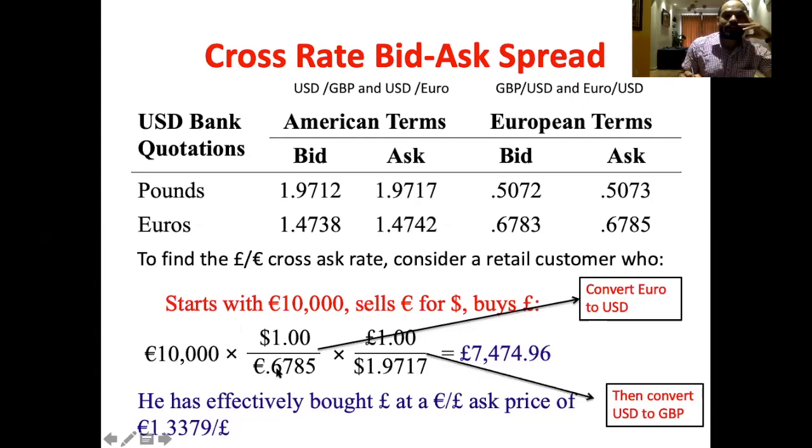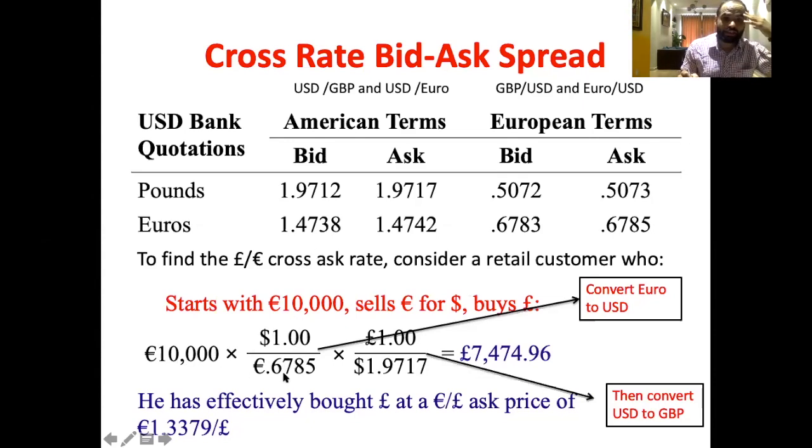What does it mean? It means you have two options. You are getting dollars, you want your position in dollars. So you can use direct quotations using American terms, or indirect quotations using European terms. As I said, I prefer to use direct quotations using American terms.